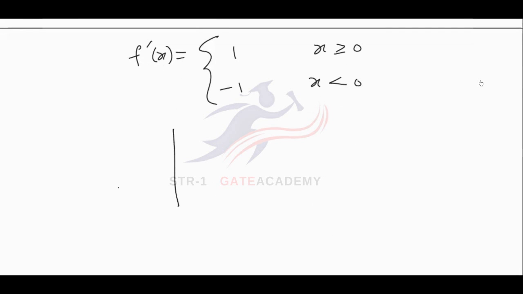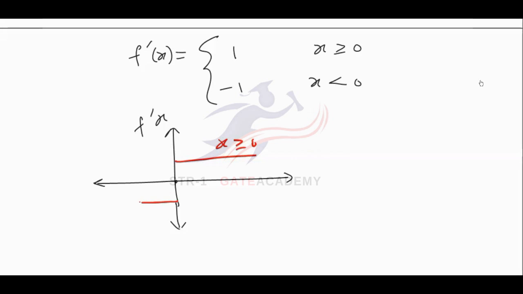Now if I plot this f dash of x, let's say this is the origin. You will find that this is 1 for x greater than or equal to 0, and this is minus 1 for x less than 0. Is it continuous at x equal to 0? No. There is an amount of discontinuity, you can see.